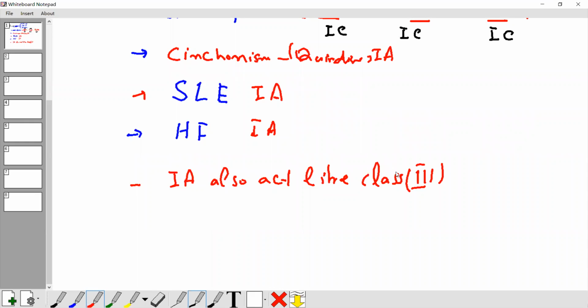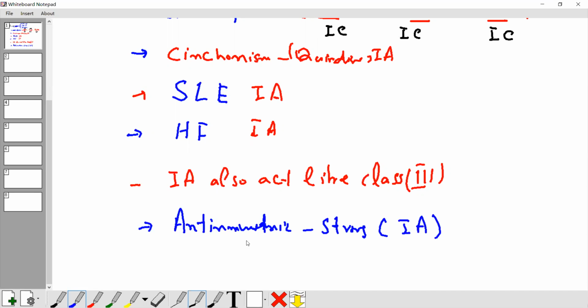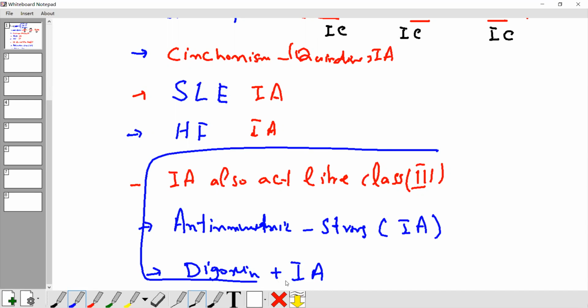Which one has a very strong antimuscarinic effect? Again, 1A. We must combine it with digoxin. Which group? Again, 1A. So 1A has a lot of extra things in it.